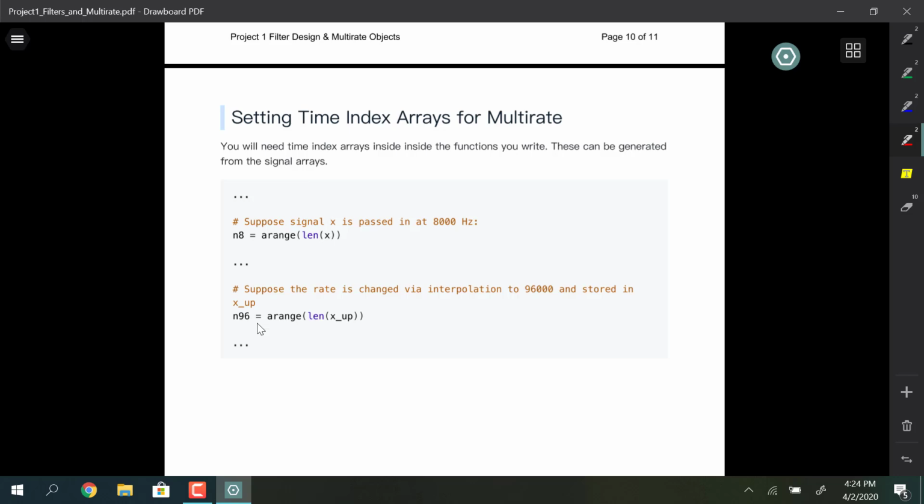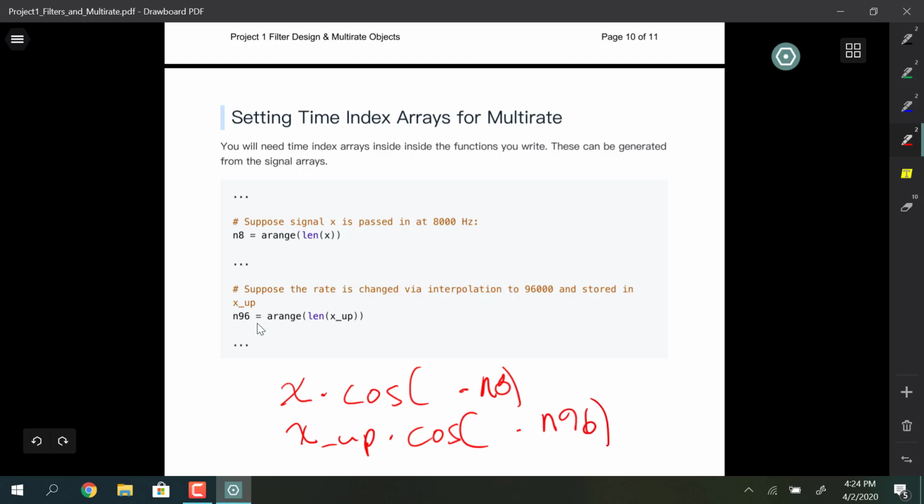So you might have x times cosine of something times N8, and then later on you might have x up times cosine of something times N96. And in Python, there should be a star, an asterisk, for multiply. In Python, one-dimensional arrays are always going to be multiplied pointwise, unlike MATLAB where you had to do the point multiply.